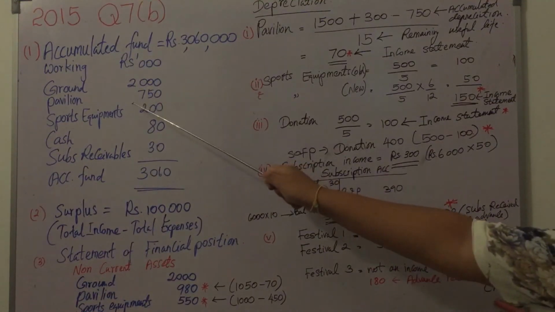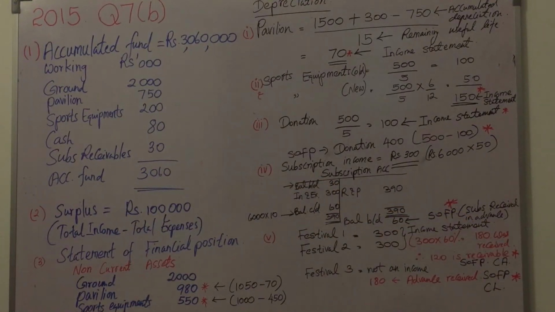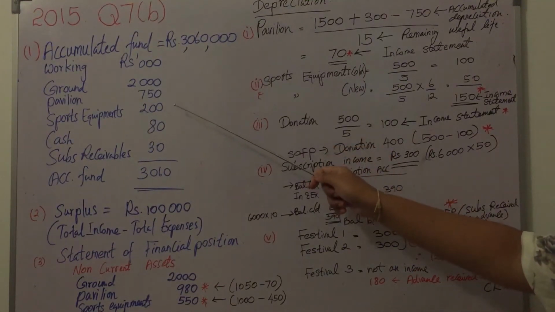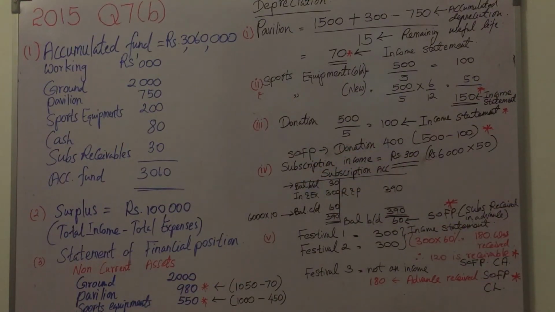Pavilion net book value is 750. Sports equipment 500 is the cost and the accumulated depreciation is 300, therefore the net book value is 200, so 200,000. So we included those non-current assets in the accumulated fund calculation.